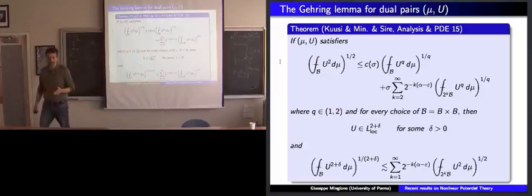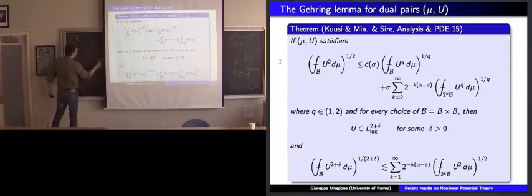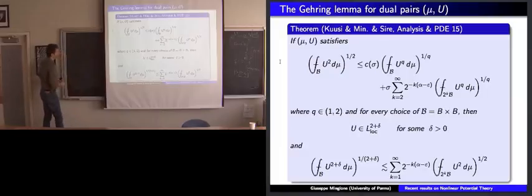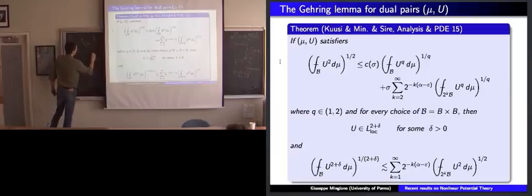Now you might like to say that this is close to Gehring's lemma, because there are versions of Gehring's lemma in a more abstract context, which tell that if you have a doubling measure, and if you have a reverse inequality like this for every ball, and this is a general doubling measure, then F belongs to L^(p plus delta) with respect to the measure.